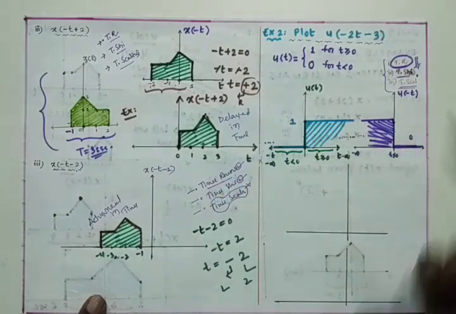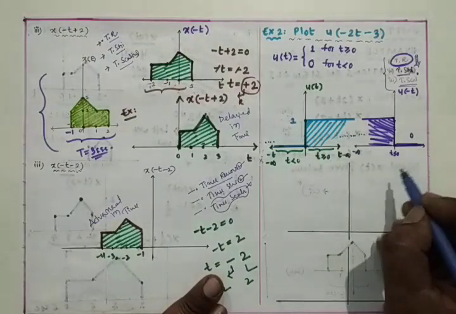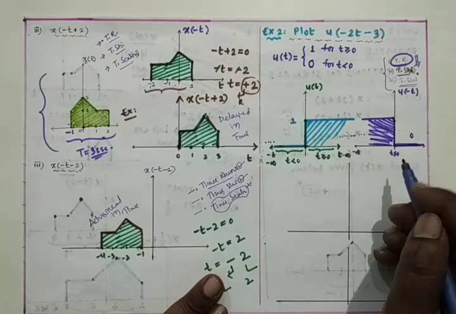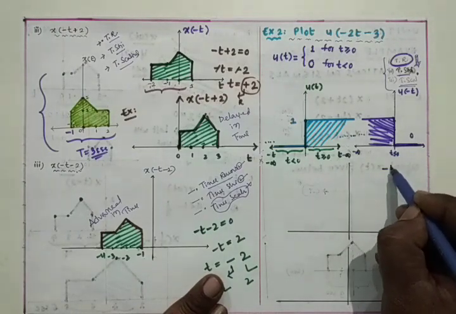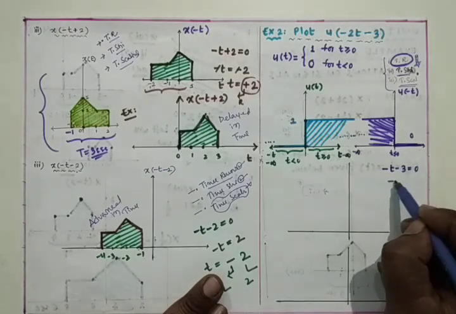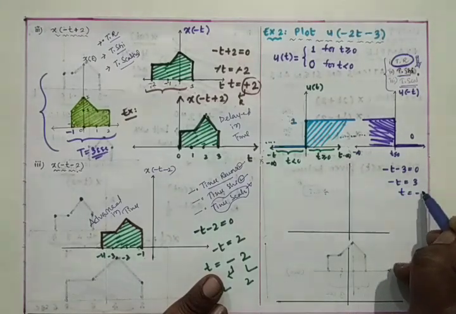Then we have to go with the time shifting operation. Now u of minus t is completed, and we go with u of minus t minus 3. Take minus t minus 3 equals 0, so minus t equals 3, then t equals minus 3.